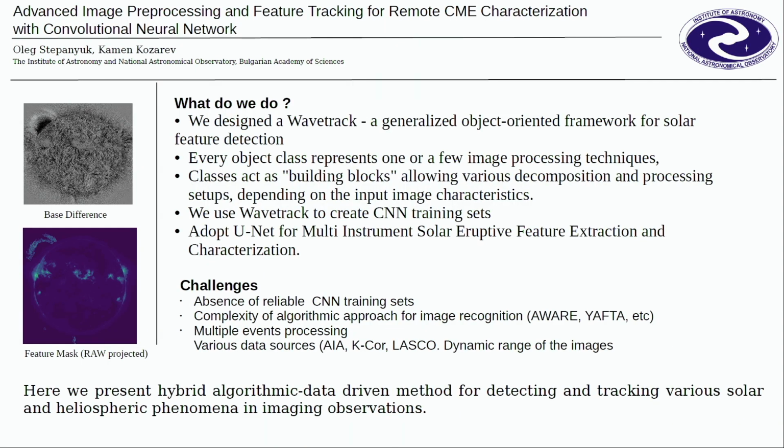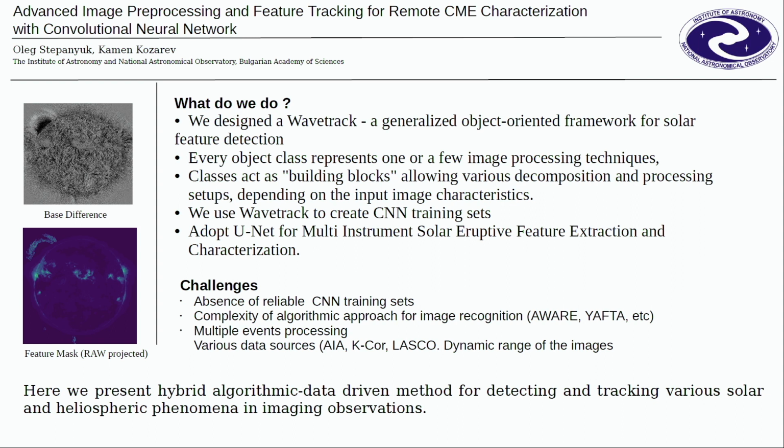So, the main challenge here is that one can approach this from the data-driven point of view. That's what this conference is mostly devoted to. And obviously we also have an algorithmic approach, which is known for its complexity, very complex image processing chains.